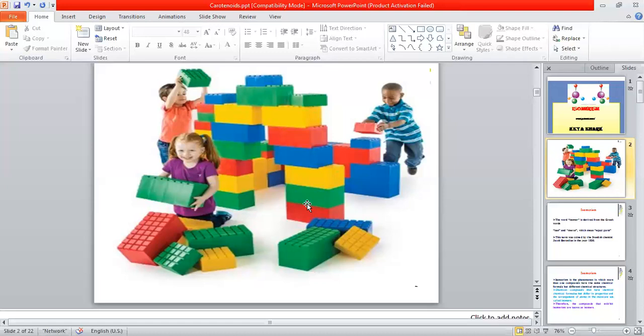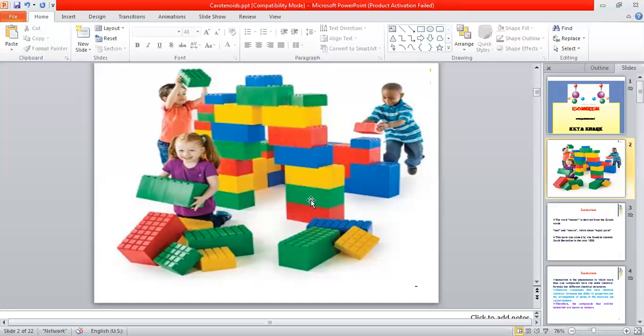In this lesson, the molecular formula tells us how many atoms of each element there are in a molecule, just like this building block. Suppose that these are all atoms.